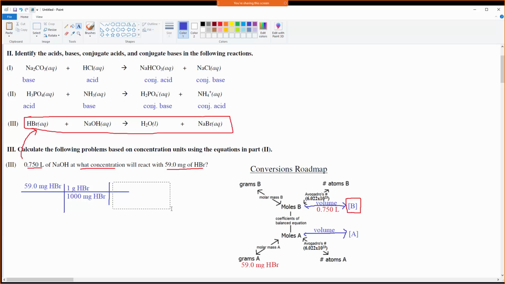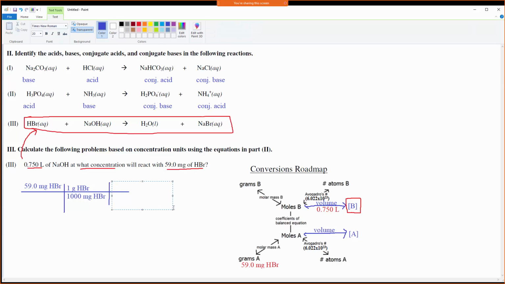Good. Now we've got grams on top, and as you guys noted, the molar mass of HBr is 80.908. The units for that is grams per mole. And where am I going to put the grams? Yeah, Zach, we had to switch to grams so we could use the molar mass from the periodic table, because that is in units of grams per mole. Right, grams go at the bottom, so they'll cancel. Perfect.